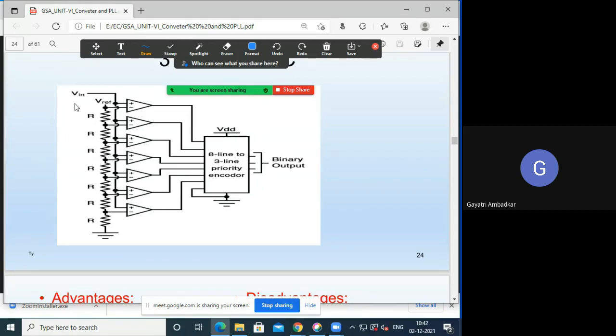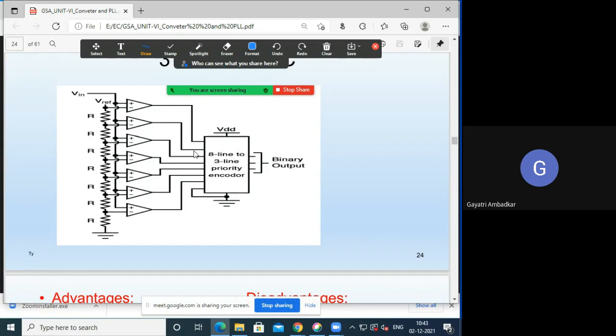When your input voltage comes, it is compared with all the comparators. Those comparators where the input voltage is greater will give you plus Vsat, and if it is less than the reference voltage, that comparator will give you minus Vsat. Plus Vsat forms logic 1, minus Vsat forms logic 0, and this way the output of every comparator is in the form of high or low.